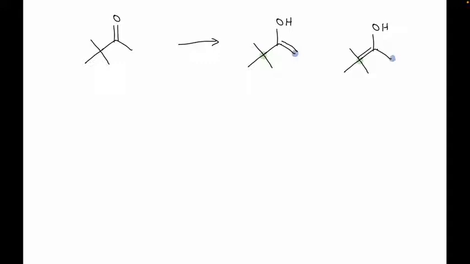Exactly. So this one here is trash because my green carbon would have 5 bonds associated with it. We've got to remember our basic bonding rules. Carbon definitely can't have 5 bonds. So in this case, there's only this one possibility, which would be this one here. Because again, if the double bond tried to form on the other side, we would just have way too many bonds for that particular carbon. Okay.